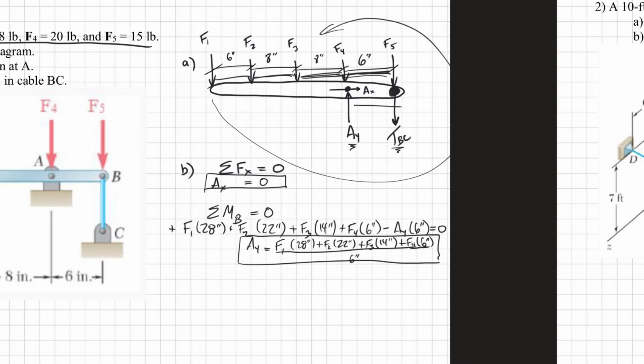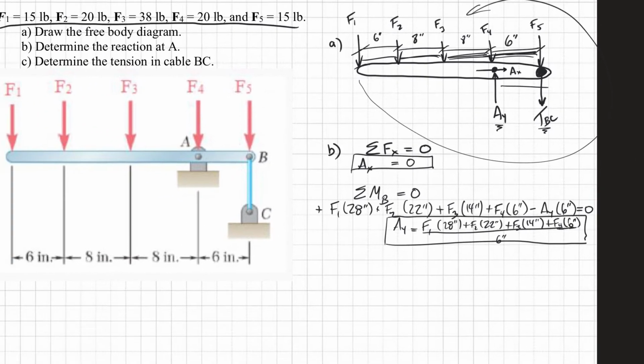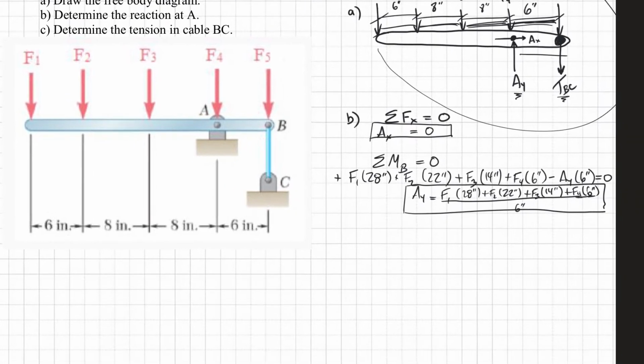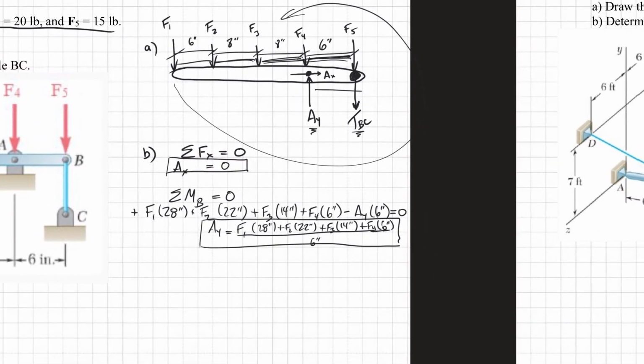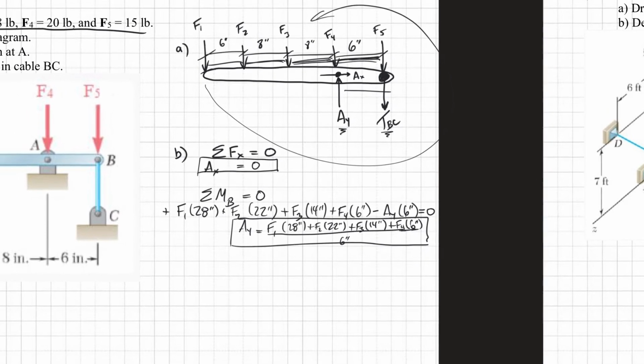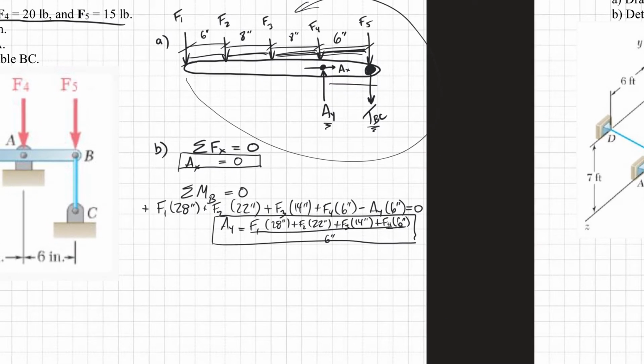Okay, so that said, now we're going to move over here, determine the tension in cable BC. So if we look up here, now we know AY. Determining the tension in BC, I guess the easy way to do it would be the sum of the forces in the Y direction, because we know AY at this point.